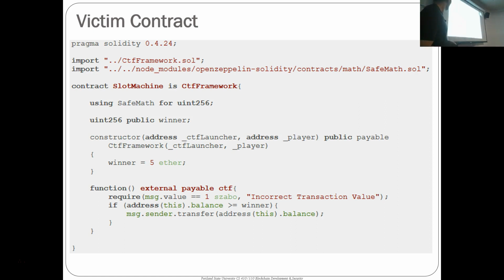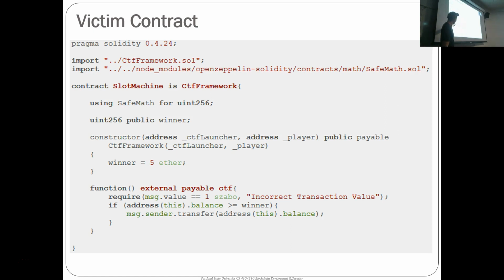So this is the victim contract, and you see that the amount that you need to win is 5 ether, and it's basically got a fallback function, and it requires that the amount that you send the fallback has to be equal to 1 zabo, which is like a dinky amount.